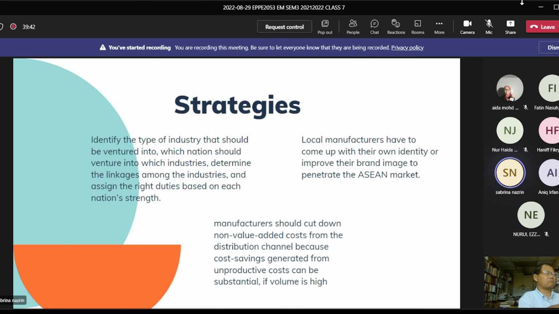The second one is that local manufacturers have to come up with their own identity or improve their brand image to penetrate the Asian market. The last one is manufacturers should cut down non-value added costs from the distribution channel, because the cost saving generated from the unproductive cost can be substantial if the volume is high.